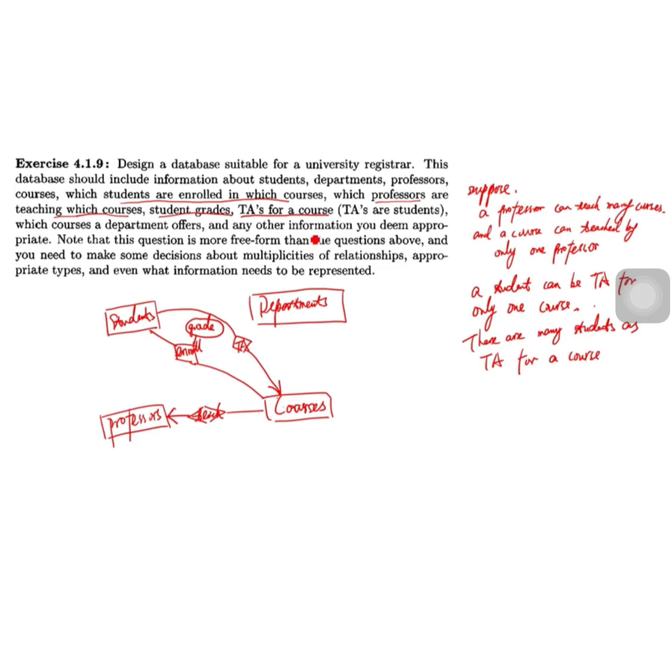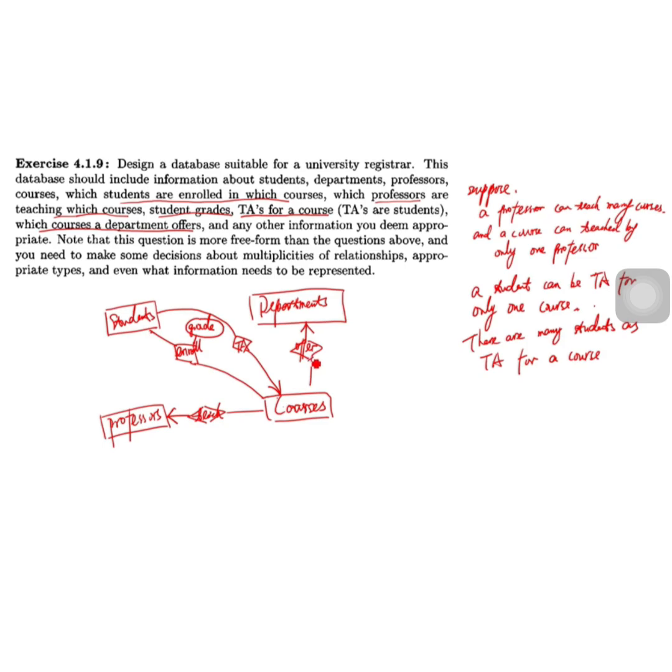Okay, and which courses does a department offer? So a course is offered by a department. The multiplicity of this side is 1.